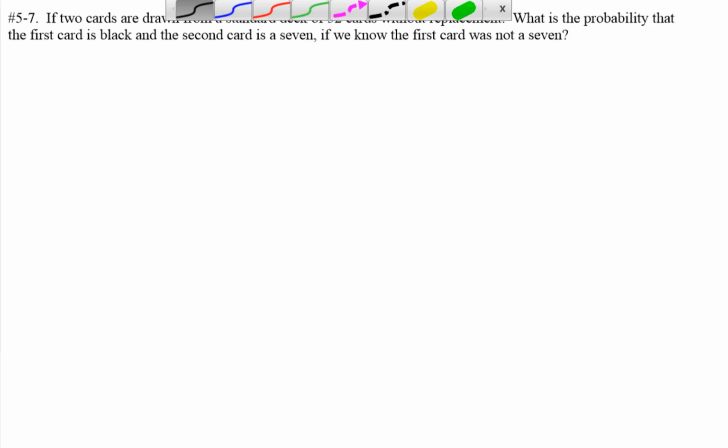Okay, the last one here, the way I would solve it is, let's just consider at first, we're talking about an AND situation, right? What's the probability that the first card is black and the second card is a 7? So this makes this an AND probability.